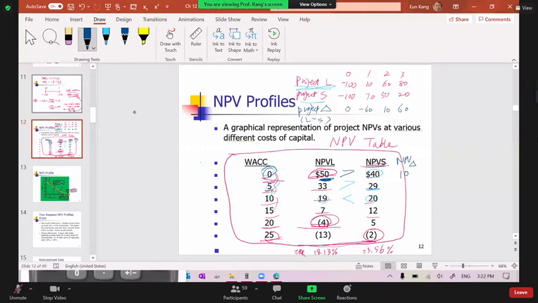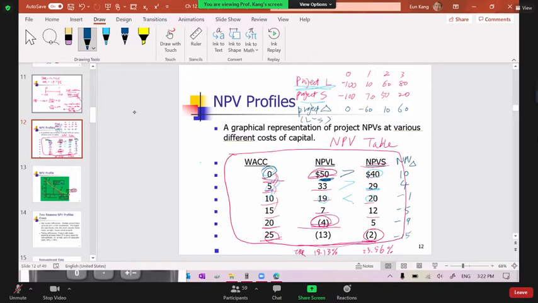Then we know that at 5, 33 minus 29 is 4. At 10, 19 minus 20 is minus 1. 7 minus 12 is minus 5. Minus 4 minus 5 is minus 9. Minus 13 minus 2 is minus 15, like this, right?